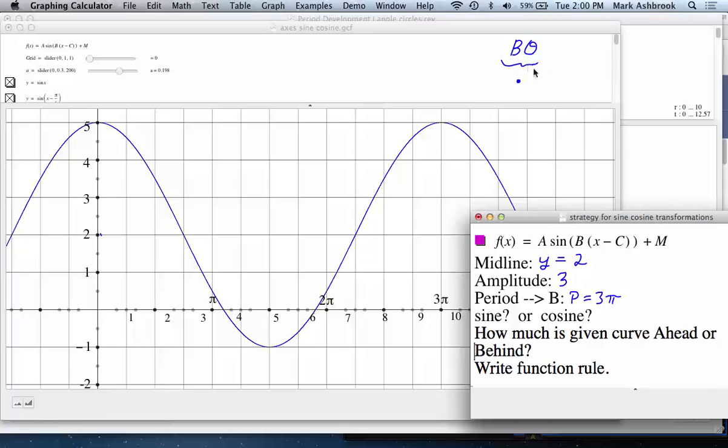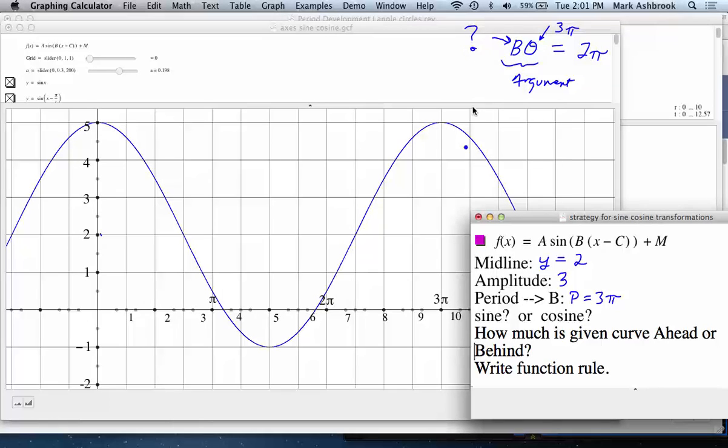Our argument has to reach what in order to get a full cycle of sine or cosine? 2 pi. So we want that argument to reach 2 pi when the input reaches 3 pi for this function. So we're asking what value of b does that?